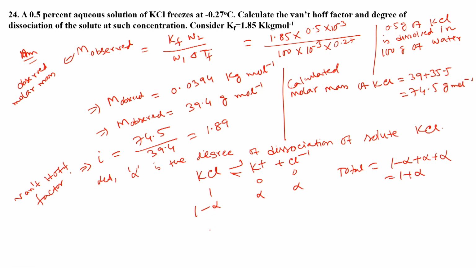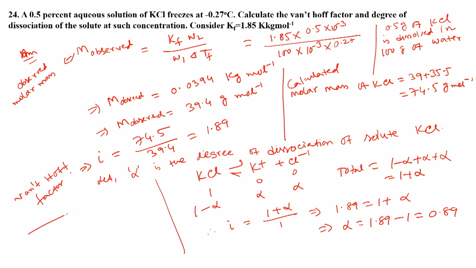Therefore i is 1 plus alpha by 1. So we get 1.89 is 1 plus alpha, so alpha is 1.89 minus 1, which gives you 0.89. Therefore, the degree of dissociation of KCl is 0.89.